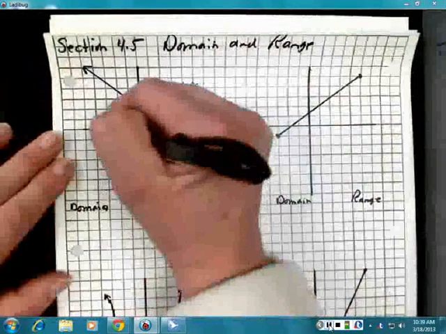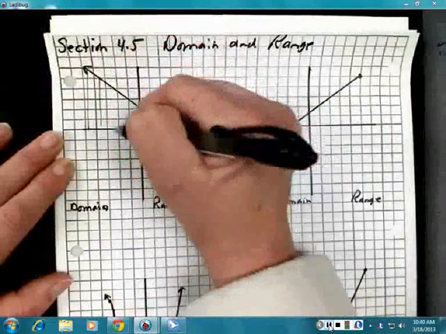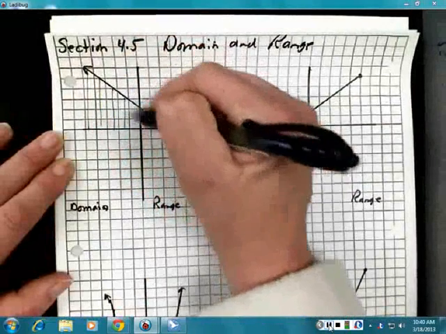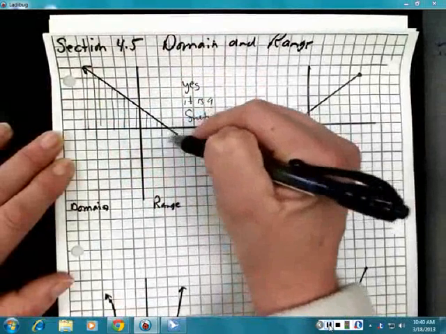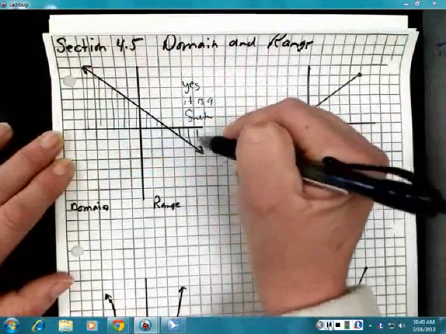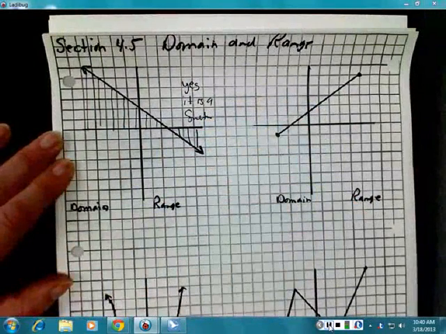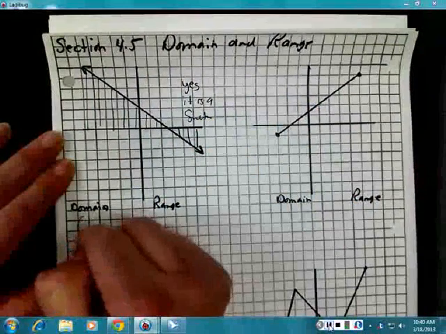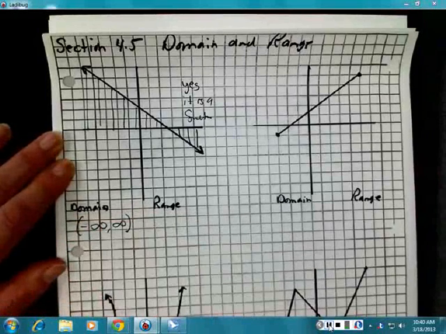Everywhere that I go up on this, I run across an x, right? Do you see that? So what does that mean about my domain? Well, my domain in this case is from negative infinity to positive infinity. You okay with that part?